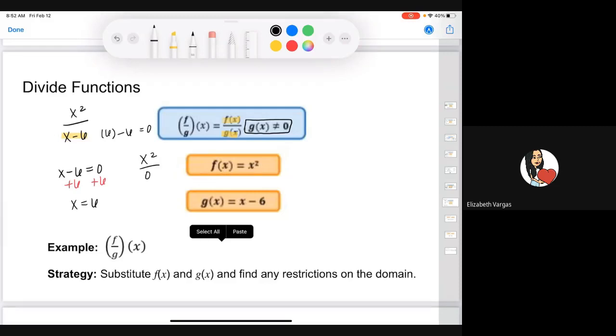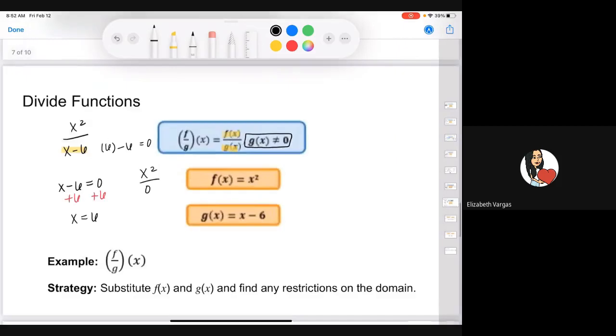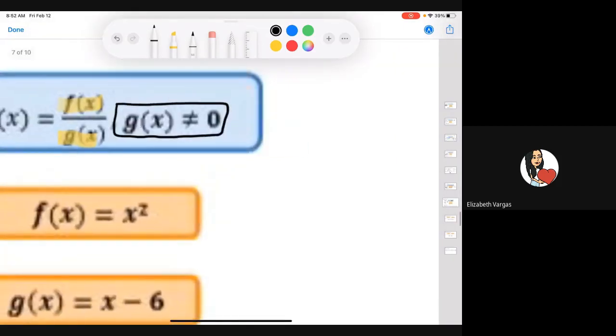minus 0. And so basically what I'm saying is you need to put your resulting equation after you do the division of f(x) and g(x), and it needs to look exactly like this. And so how it's going to look exactly like that is you're first going to do f(x) and g(x).